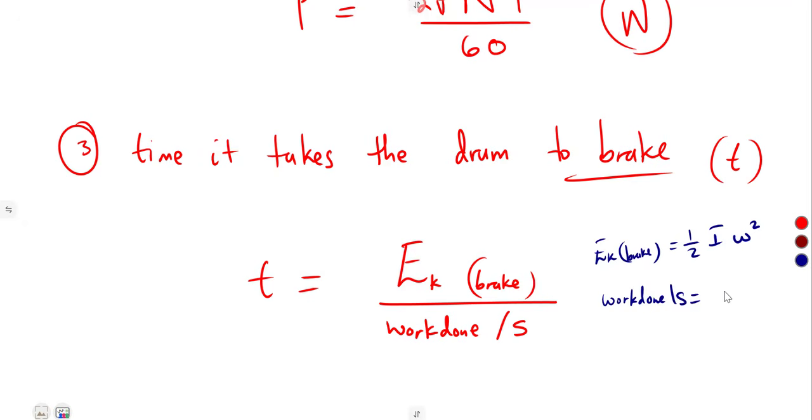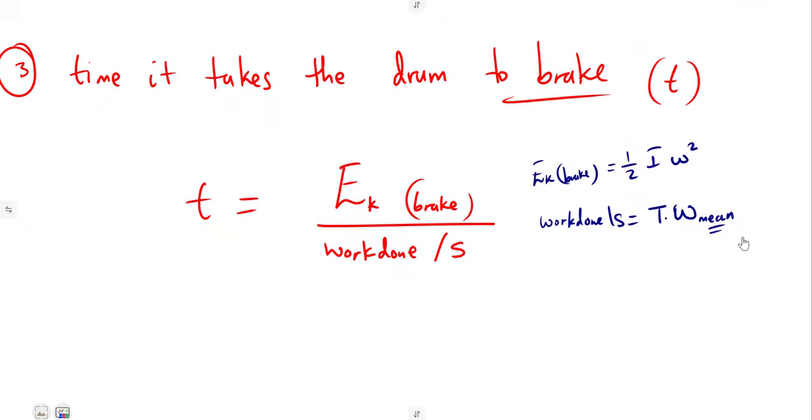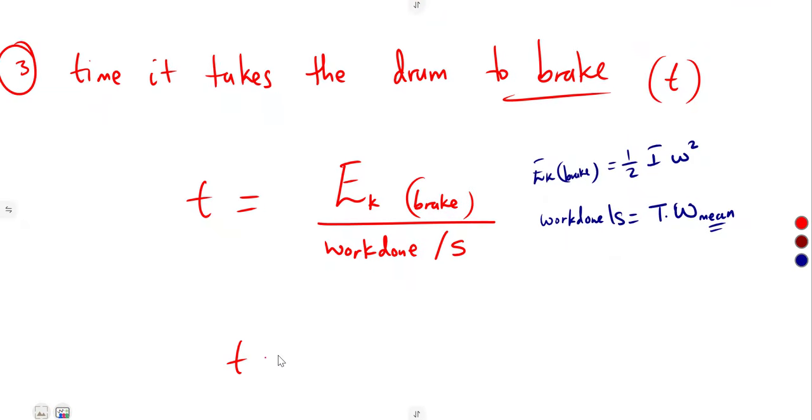which is equivalent to, when you have got the torque and the mean angular velocity. The mean angular velocity. You can have work done per what? Work done per second. So if we take this and put it together now, you end up with T is equal to, remember the half, the 2 is going to be in the denominator, since it's EK, so it's going to be 1 over 2.